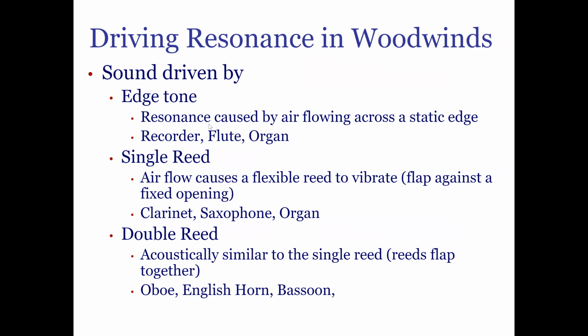And we have two major classes. We have the edge tone instruments and the reed instruments. And then within reed instruments, we split it into single and double reed. So an edge tone is a resonance caused by air flowing over a static edge.